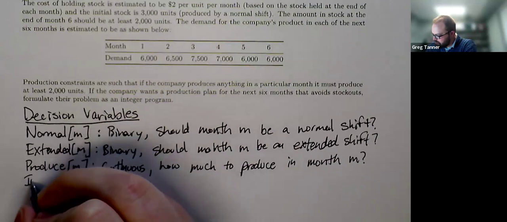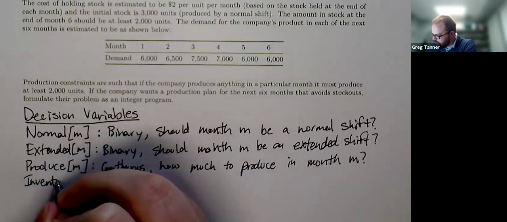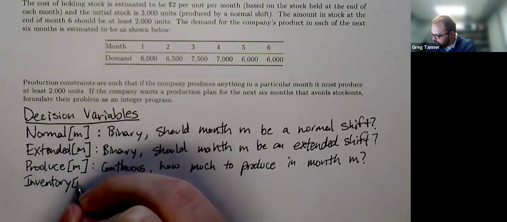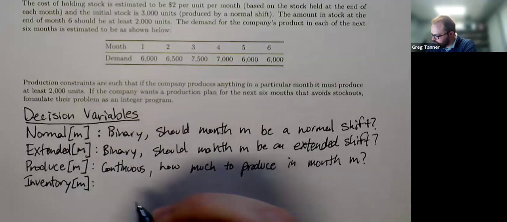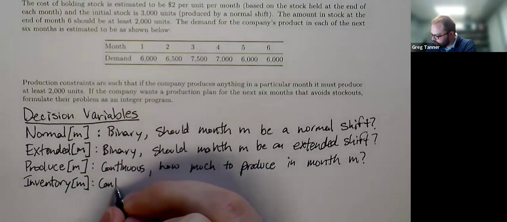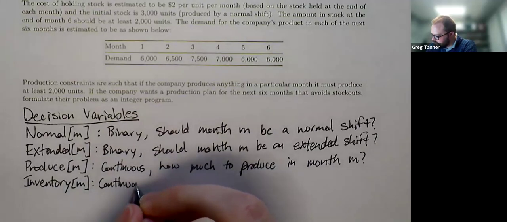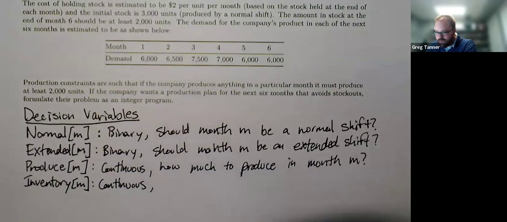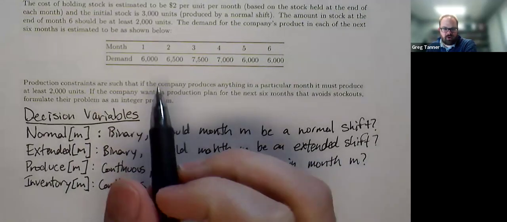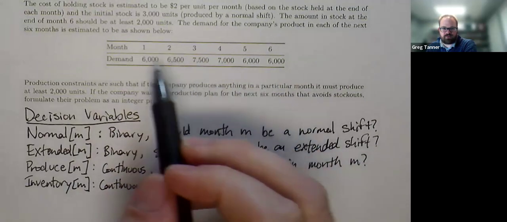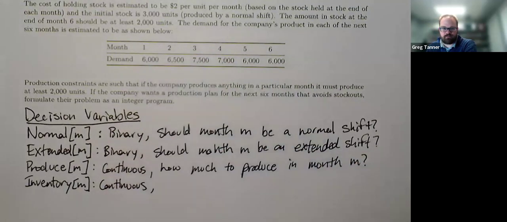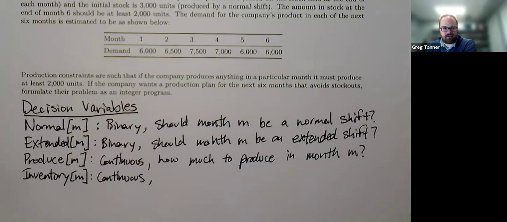And so we'll need a variable to track that inventory from month to month. Also going to be a continuous variable. Note, we might want it to be integer, but we're dealing with so many units that rounding isn't going to be a significant issue.